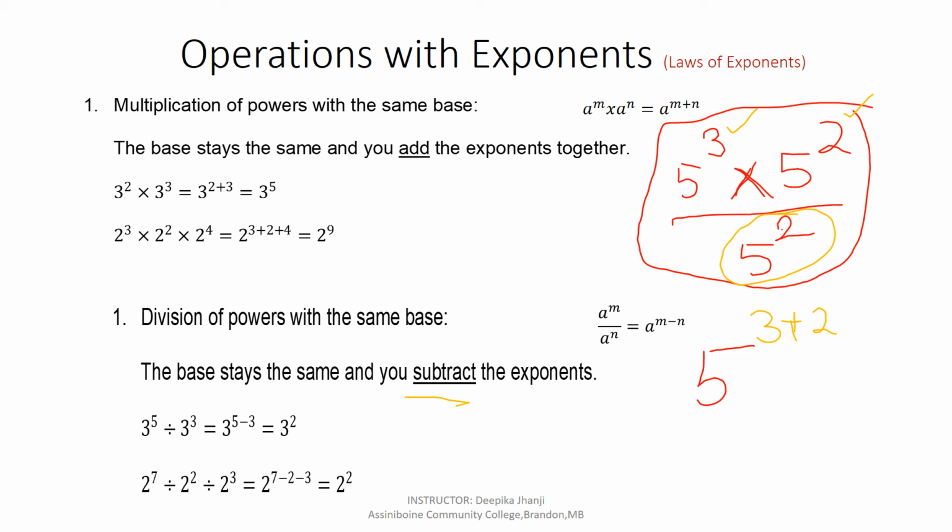And my law says in division, subtract the exponent. So subtract 2. So this is 5 raised to power 3 plus 2 is 5, 5 minus 2 is 3. So this is 5 cube, which becomes 125.